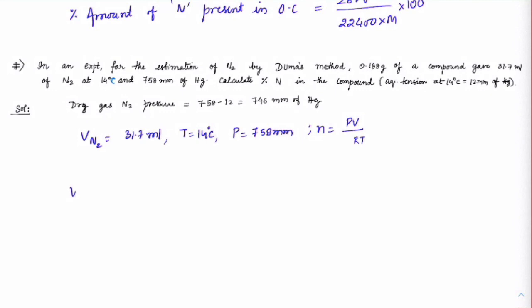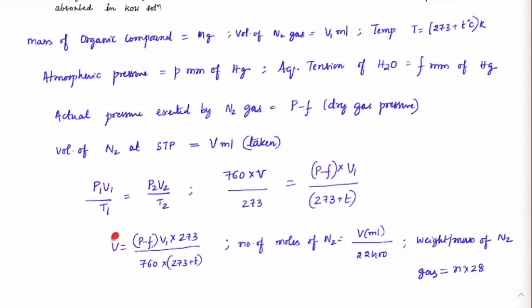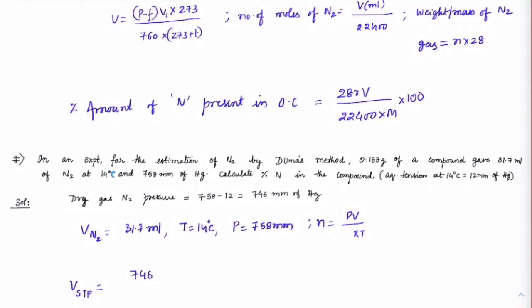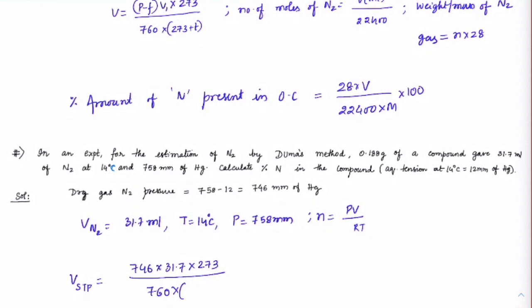See here, if I use STP condition, first I'll calculate volume at STP, which will be 746, which is the pressure here. So I'm directly using this as a formula. Got it? That into V, that into volume, which is 31.7, multiplied by 273 divided by 760 multiplied by 273 plus 14, which is 287.